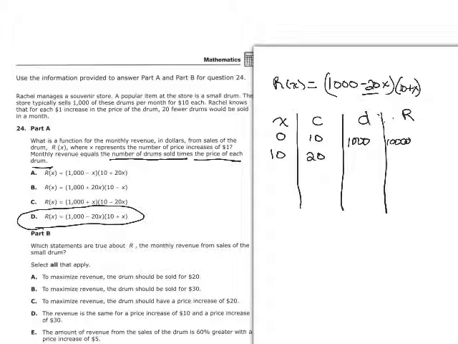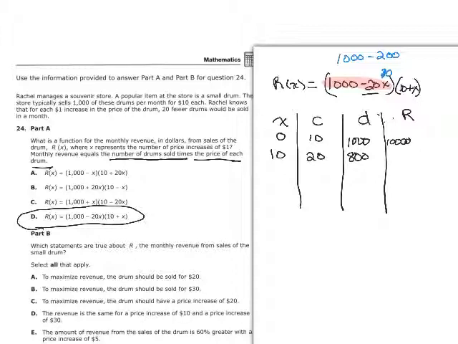So I'm going to take this 10X and put it in. Negative 20 times 10 is minus 200. So it's 1,000 minus 200, and that's going to leave me with 800 drums.